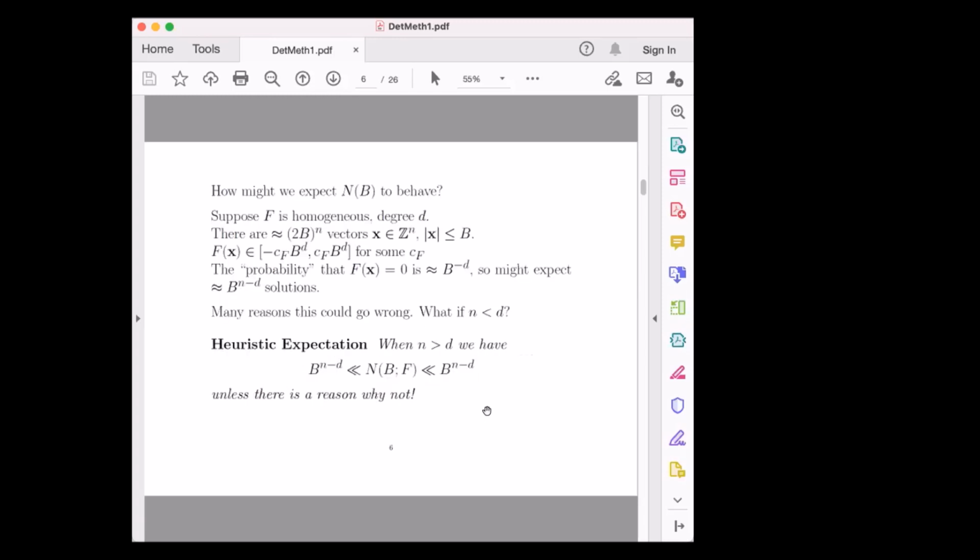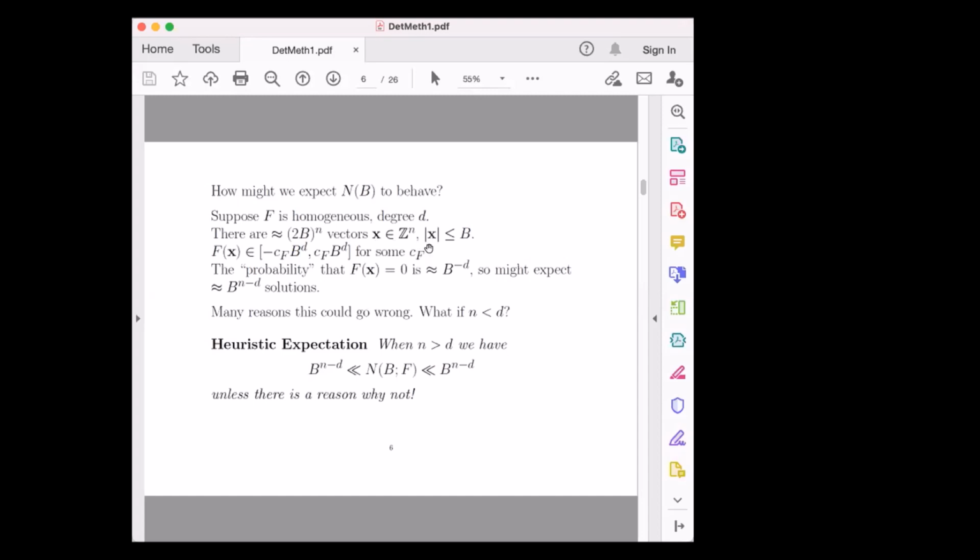Well, what do we expect about the counting function N(B)? There's a very naive heuristic argument that gives some rule of thumb as to what to expect. Let's imagine that we have a homogeneous polynomial of degree d.